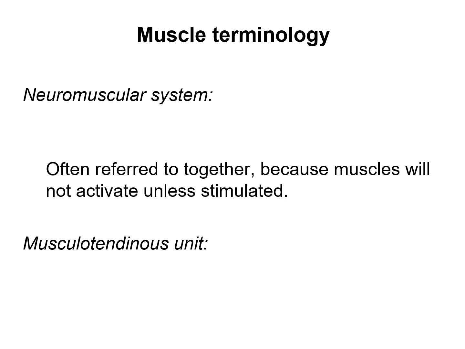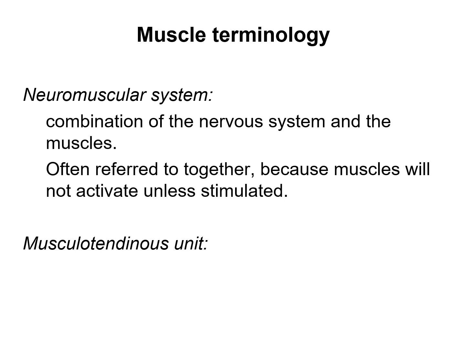The neuromuscular system. This is a combination of the nervous system and the muscles. These are often referred to together because muscles will not activate unless stimulated. This is a bit of a pet peeve of mine when people refer to muscle memory. Muscles do not have memory. They never have had memory.